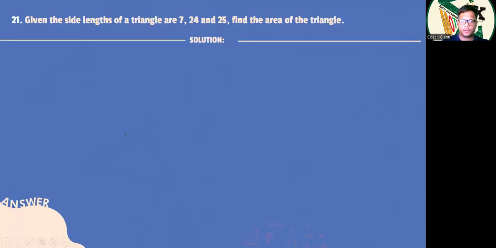Given the side lengths of a triangle are 7, 24, 25, find the area of the triangle. So as we know, this is a Pythagorean triple, but let's try to check it to be 100% sure. So 7 squared plus 24 squared, so that's equal to 49 plus 24 times 24, that's equal to 576.